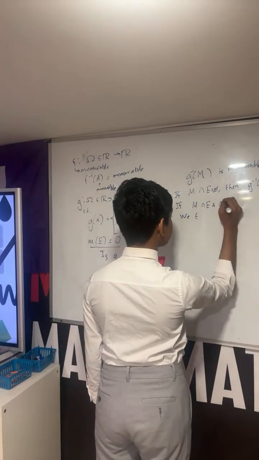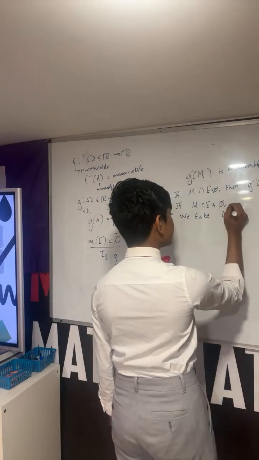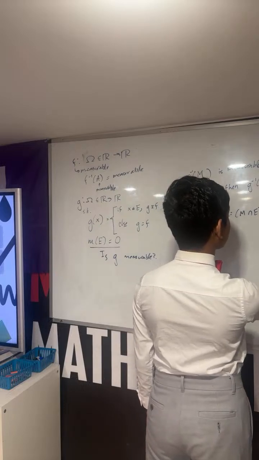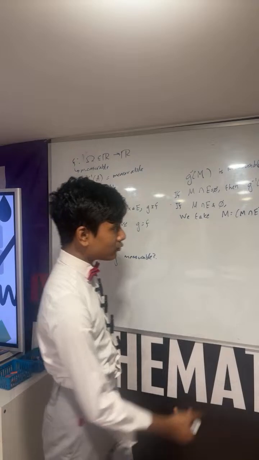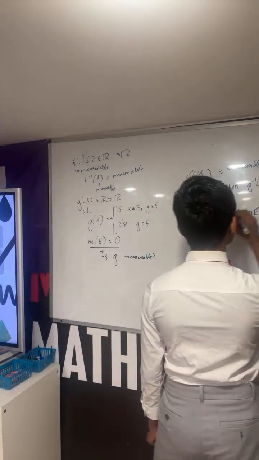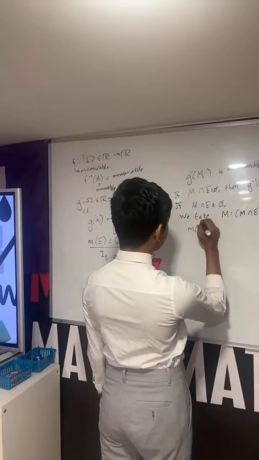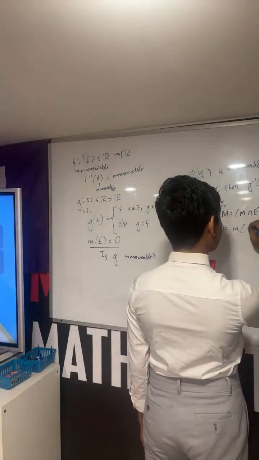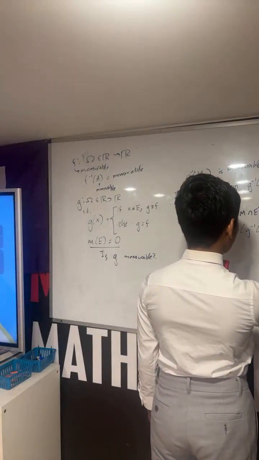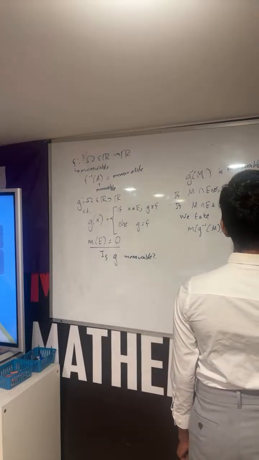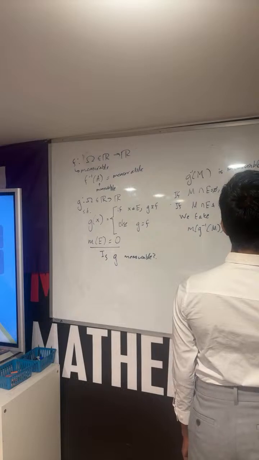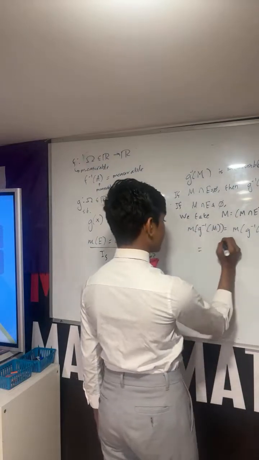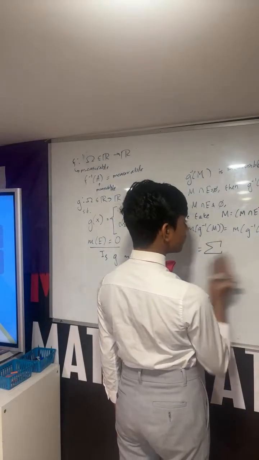We take M and split it up into M intersect E union M without E. And now M without E is just going to follow the same rules. So the measure of g inverse of M is going to be the same thing as the measure of g inverse of M intersect E union g inverse of M without E. And this is equivalent to the sum, well, it's only two terms.